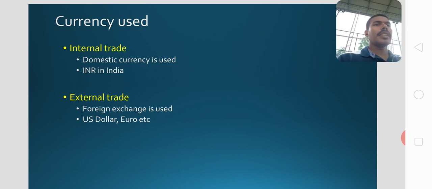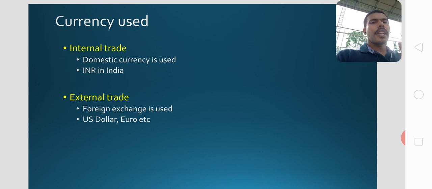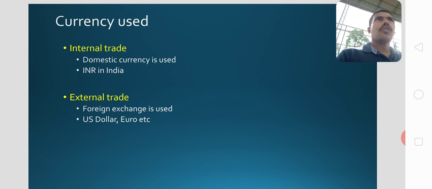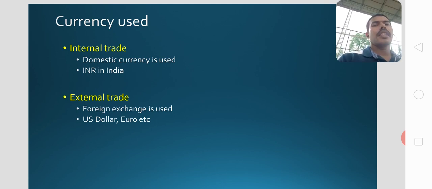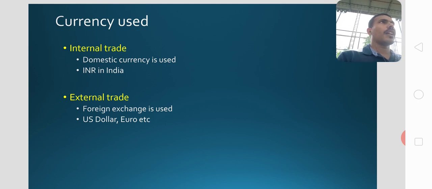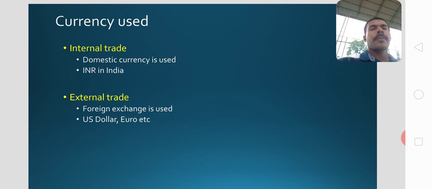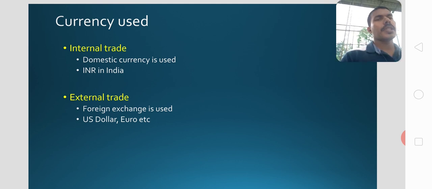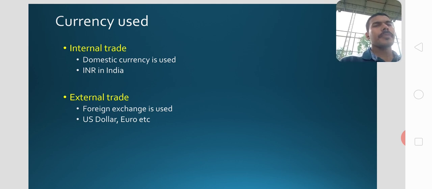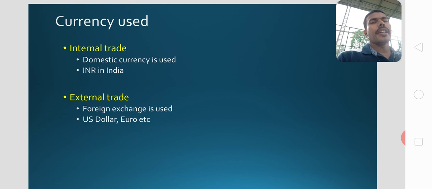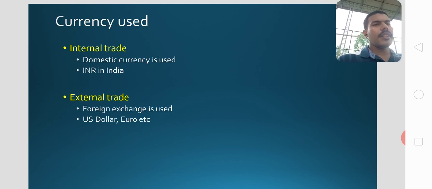These are not just foreign currencies. International currency is used for international payments. All foreign currencies are not international currencies, but all international currencies are foreign currencies for us. So this is the difference on the basis of currency usage for purchasing in internal and external trade.